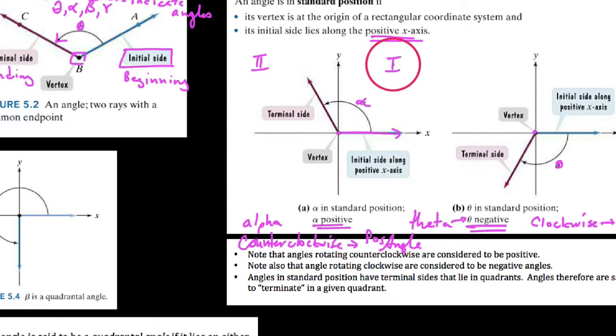We go counterclockwise, so we say quadrant 1, quadrant 2, quadrant 3, and quadrant 4, using Roman numerals because that's often what we use. Every angle in standard position must have a terminal side that terminates in one of these quadrants, or at least on an axis.